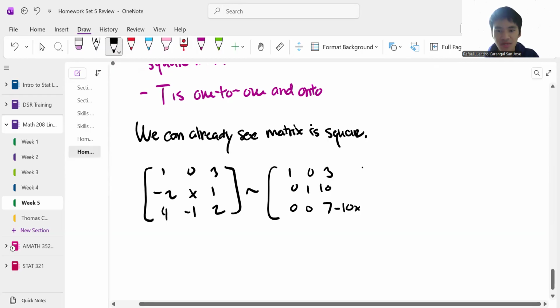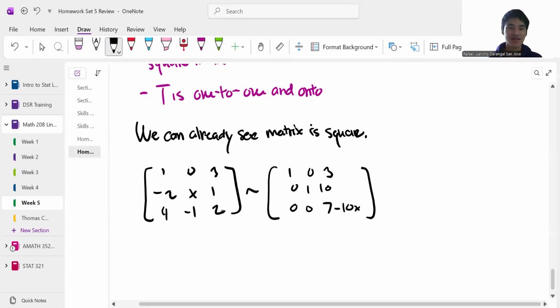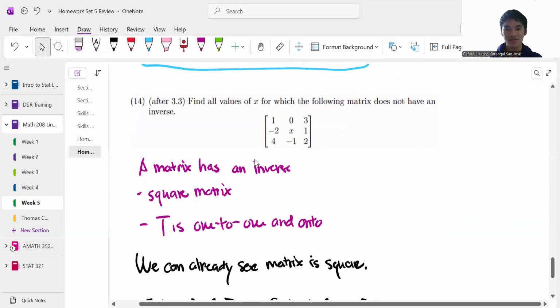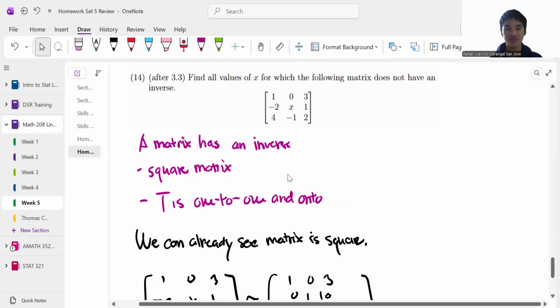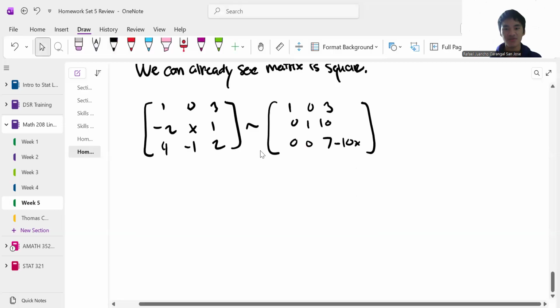Because what my professor did was an augmented matrix like in our previous video, and she found the inverse matrix, which we don't need to do, right? We just need to determine whether it exists. That's not what the question is asking. The question is asking for the values of x for which the matrix does not have an inverse.